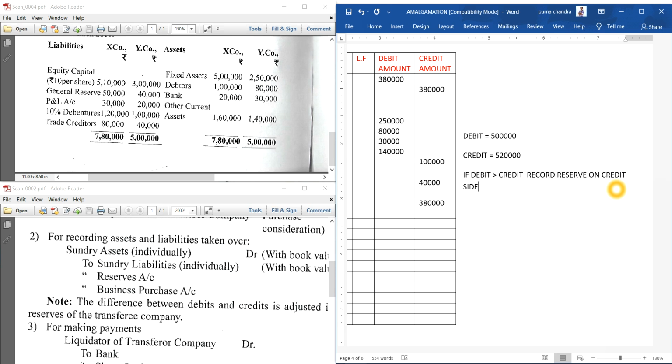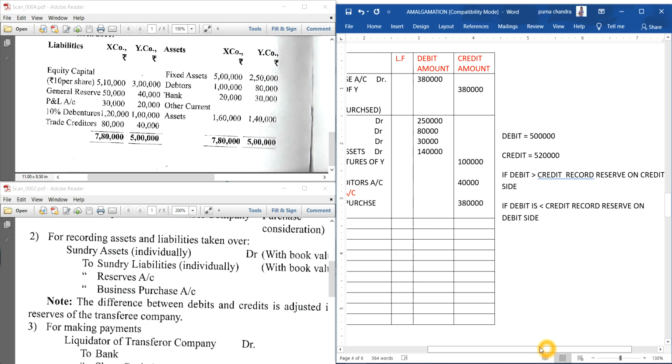This is very important, students. If debit is less than credit, then record reserve on the debit side. This is very important, students.